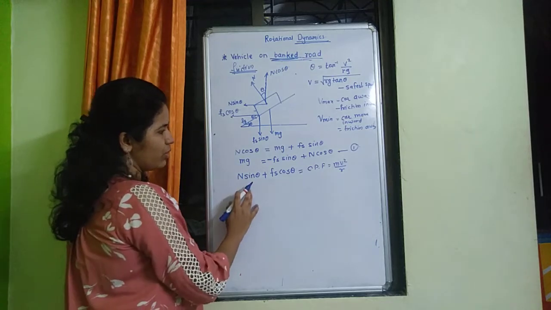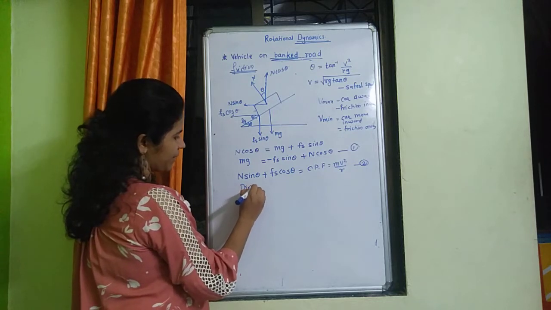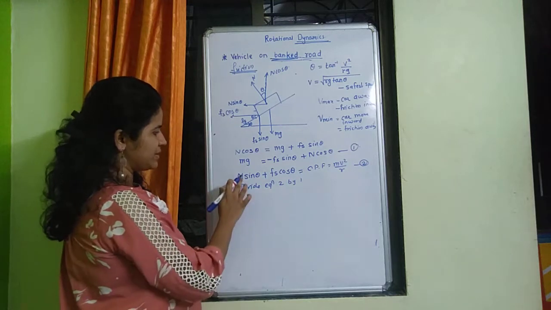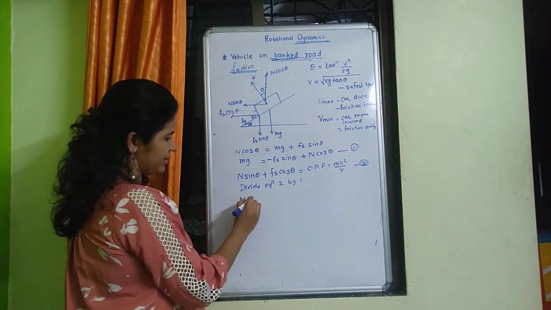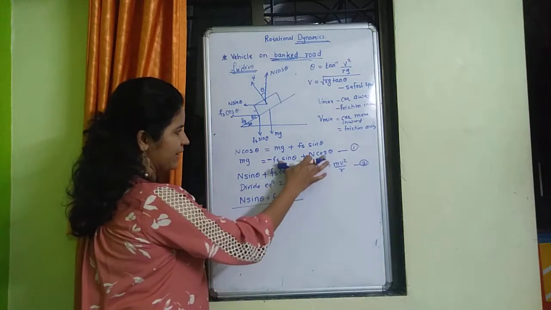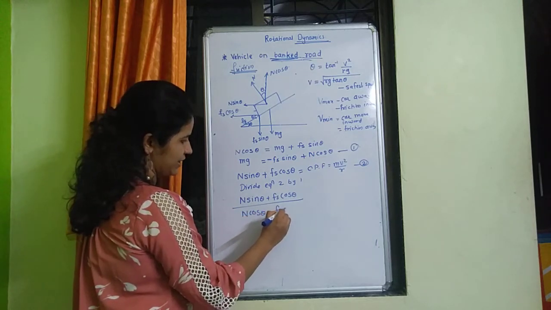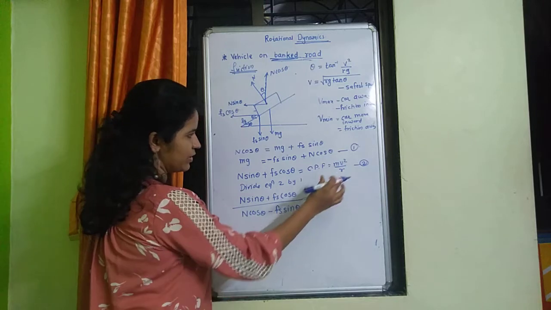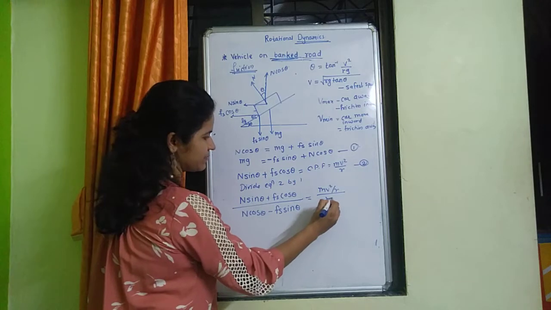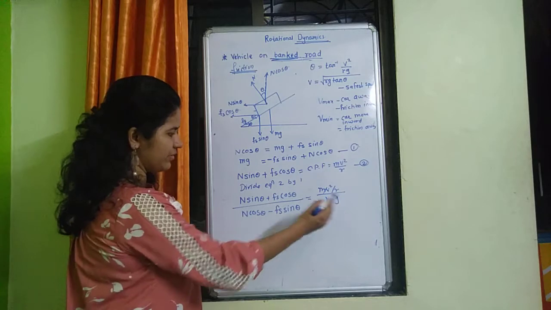Now divide equation 2 by equation 1. So N sin theta plus Fs cos theta divided by N cos theta minus Fs sin theta is equal to m v square by r divided by mg. The m gets cancelled, giving v square divided by r g.